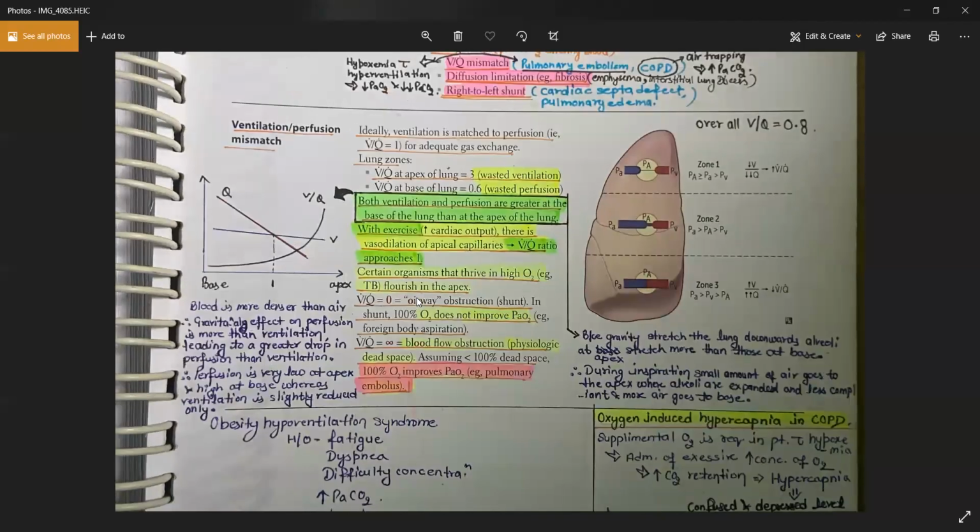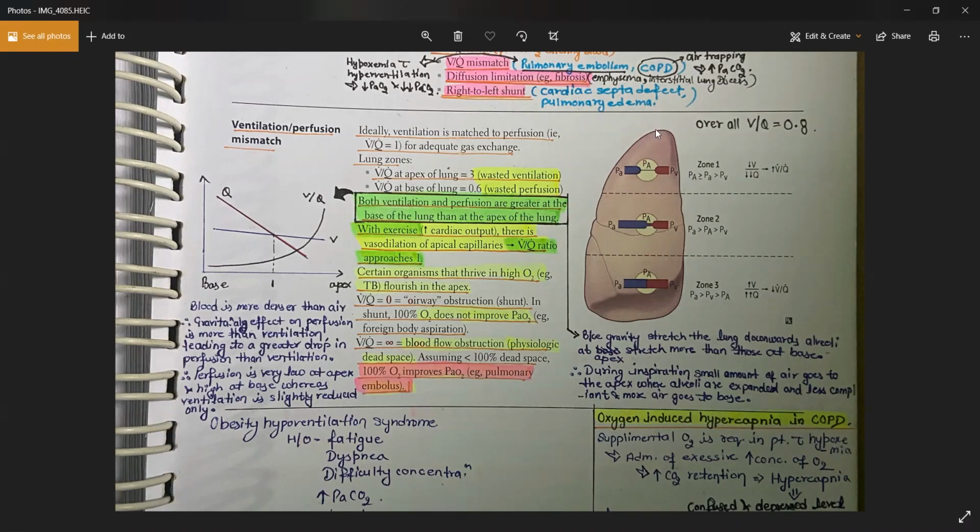Okay, so now you have three zones of the lungs. Let's discuss the three zones. You have gravity, and this gravity has more impact on zone 3 than zone 1, right? In zone 1, because the pressure is low, air can easily enter the alveoli.